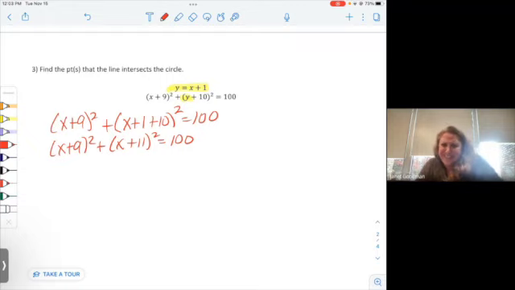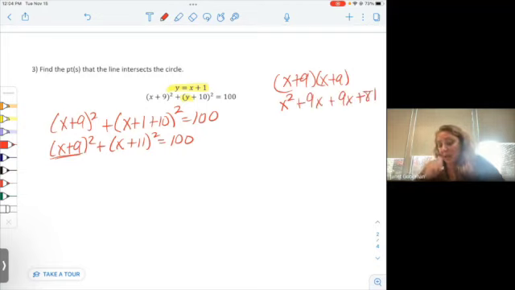So here's the thing. We're going to make it look a lot uglier before we make it better. I want to actually FOIL out this x plus 9 quantity squared and the x plus 11 quantity squared. If you can't do it mentally, that's cool. No worries. Just do it on the side. Show your first 2, outer 2, inner 2, last 2.